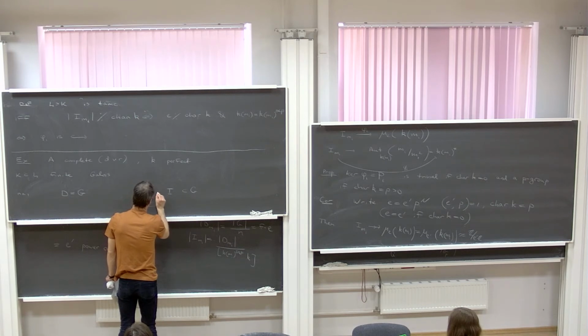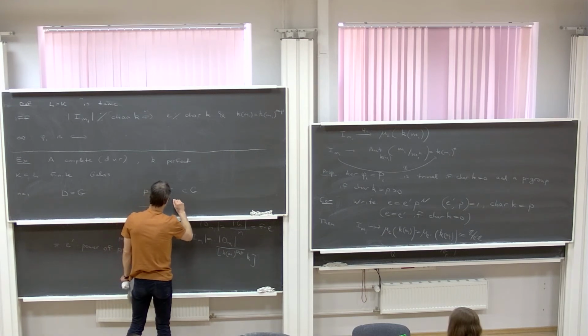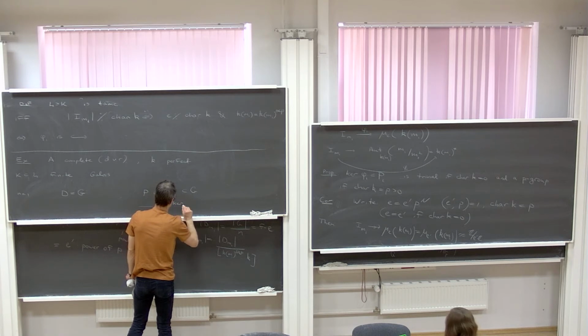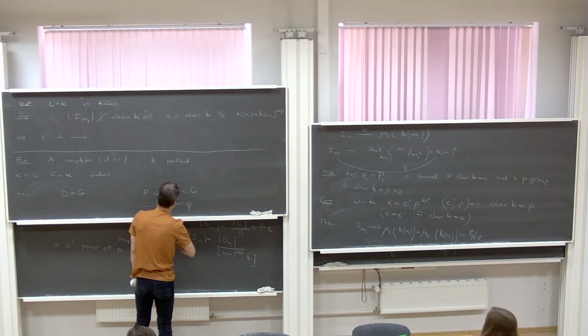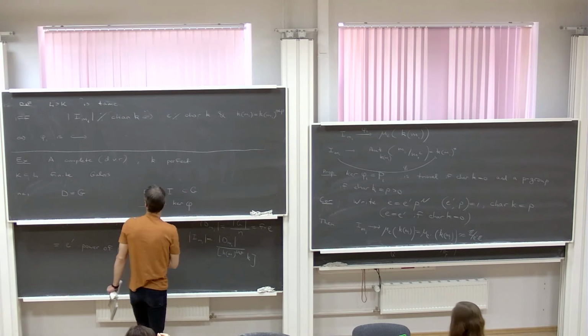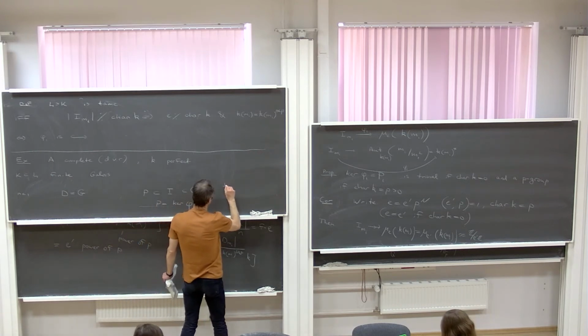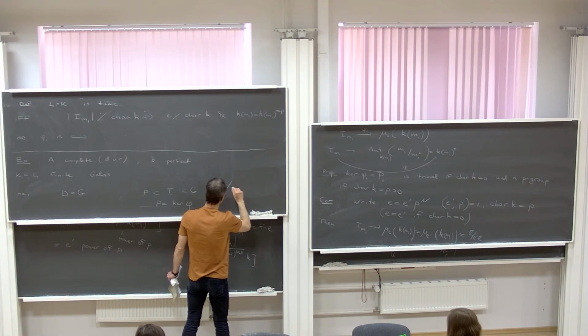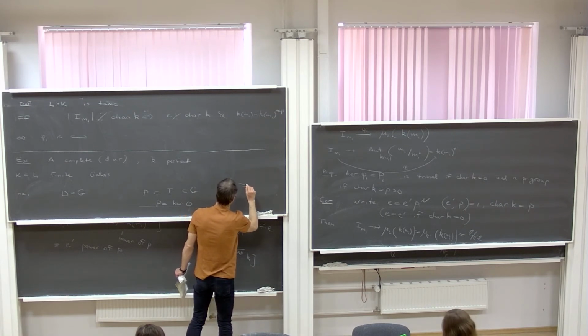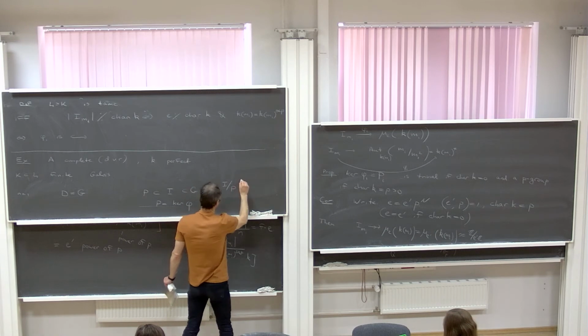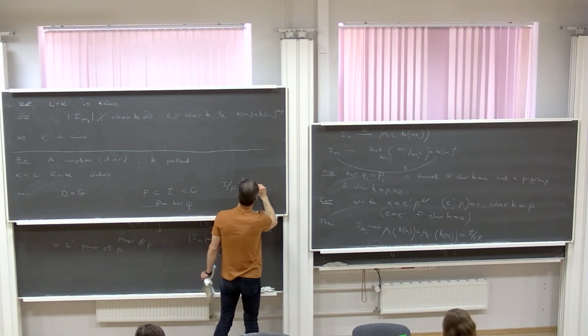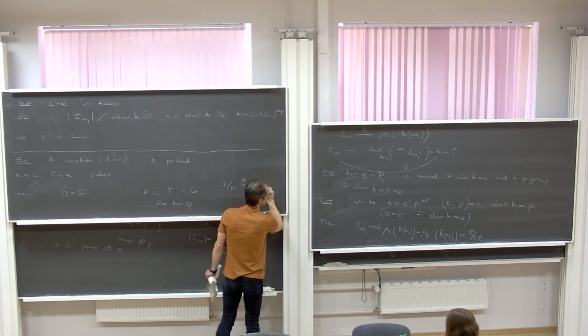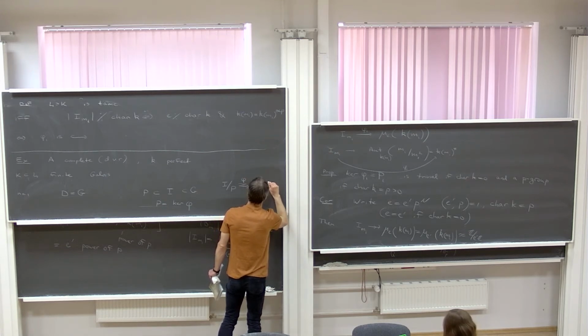So this is a subgroup here, and P is the kernel of phi. And so what we have is that I modulo P maps isomorphically using phi to roots of unity in the residue field extension.